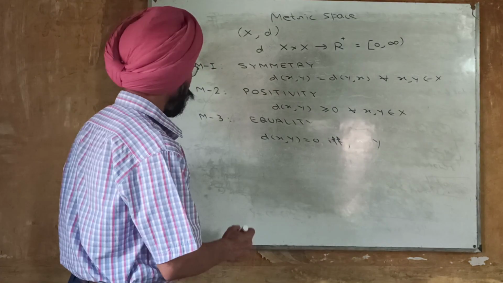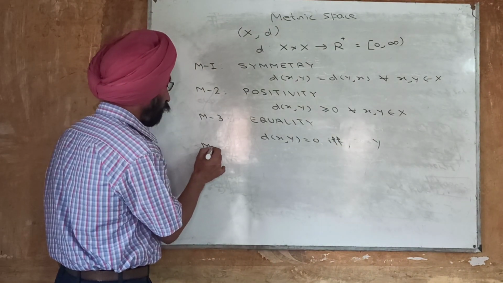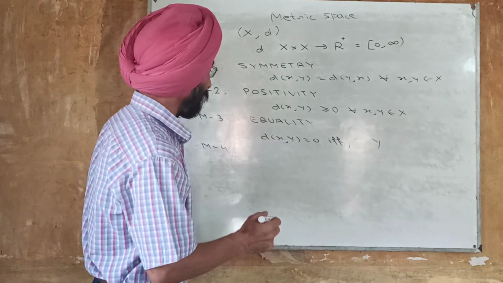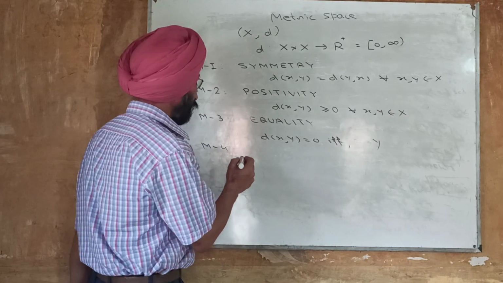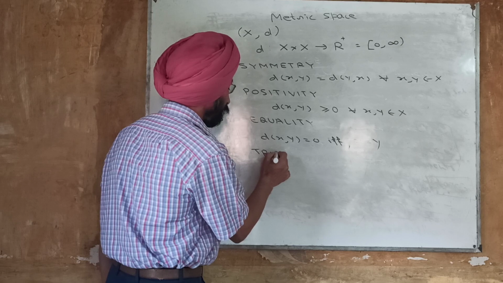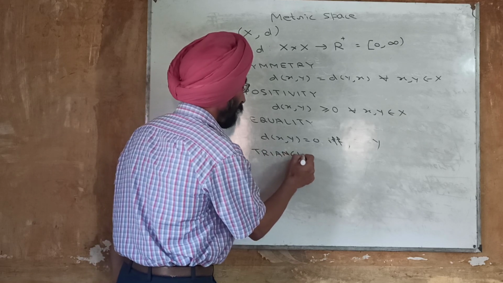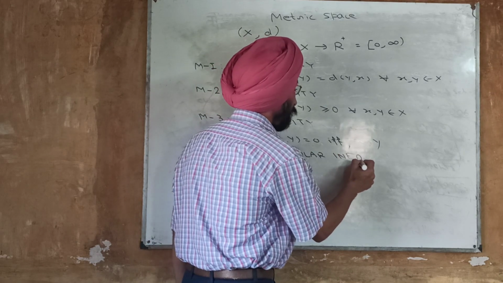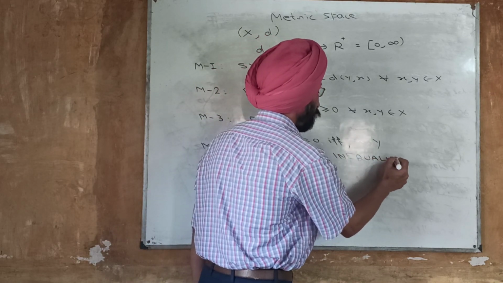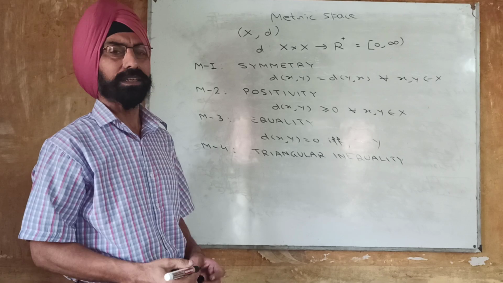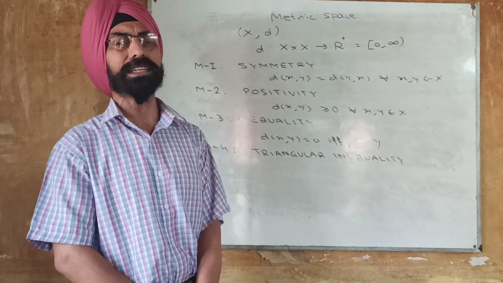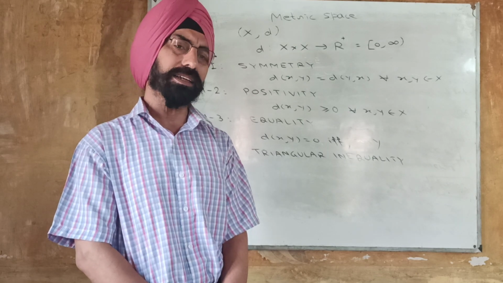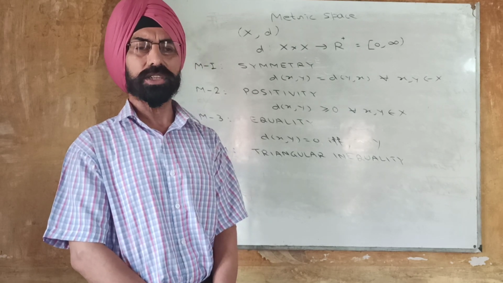And now the fourth property, M4. The fourth property of the metric space is called the triangular inequality. Triangular inequality is the same as what you have studied in your 8th class standard, that the sum of two sides of a triangle is always greater than the third one.